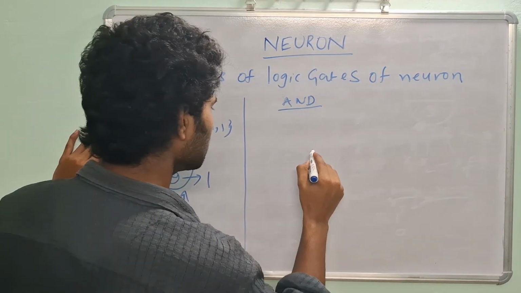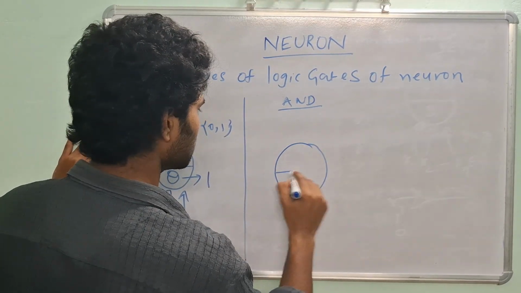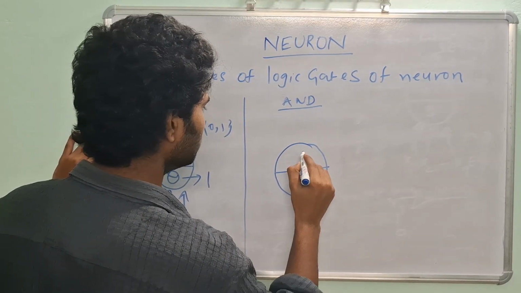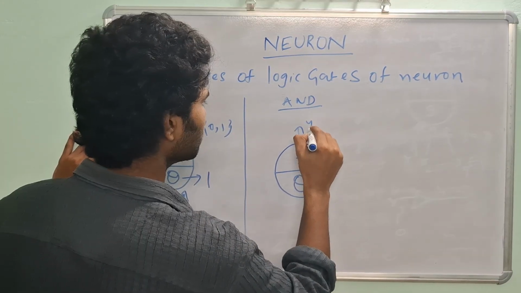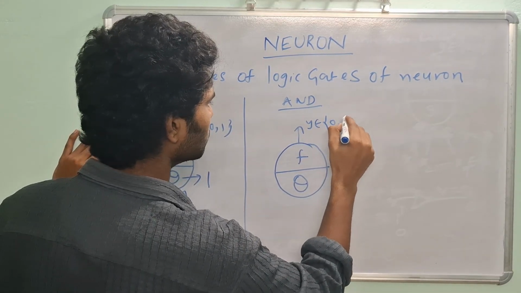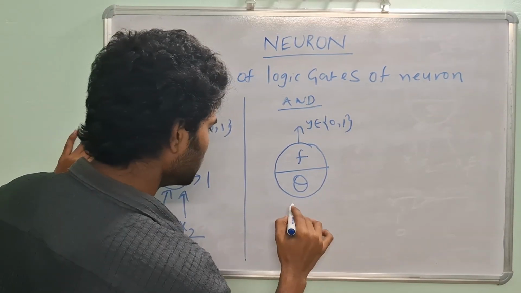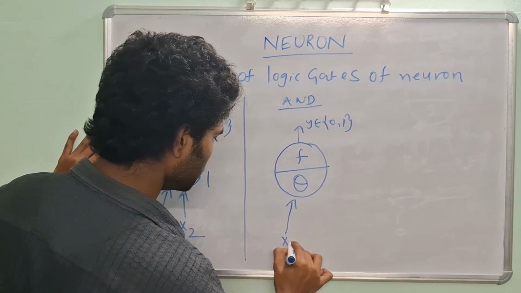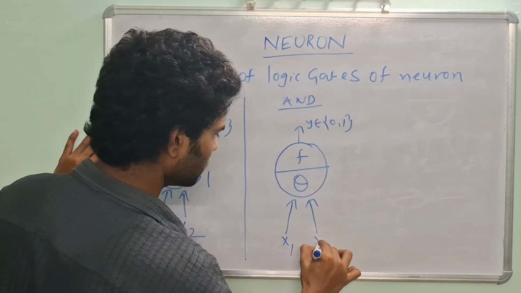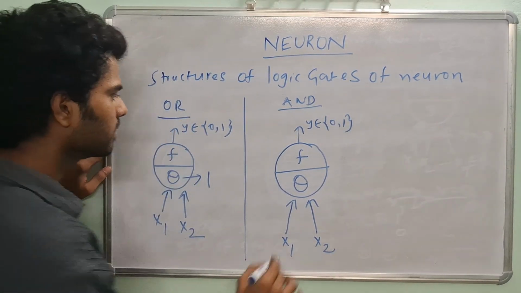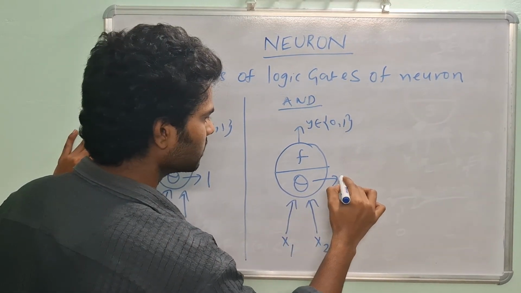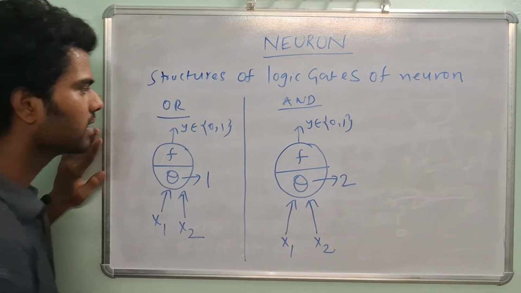In the AND gate, this is the threshold value, this is the f function, this is the output. Here also we are using only two inputs, x1 and x2. Here the threshold value is 2 in the AND gate.